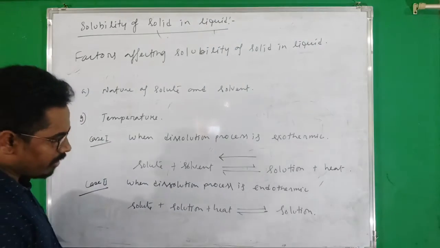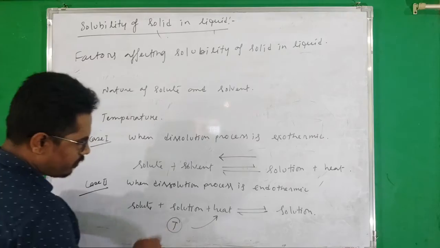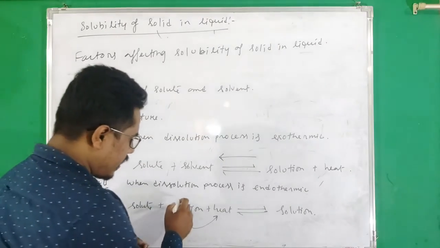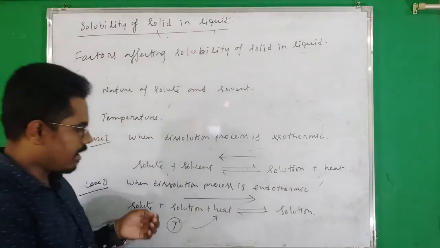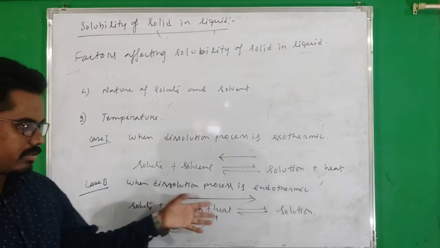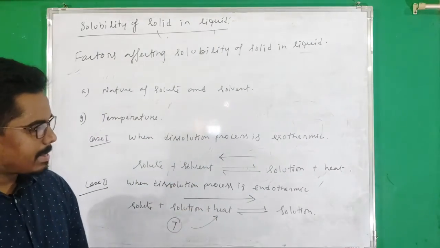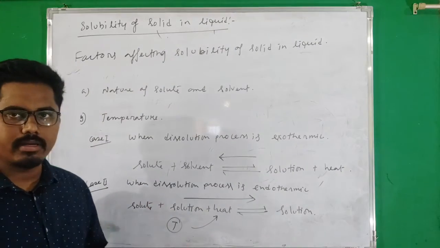And in this case, when we increase the temperature, we will supply heat. So that means the equilibrium will shift from left to right and the dissolution process will increase. The rate of the dissolution process will increase and the solubility of solute in the solution will also increase.